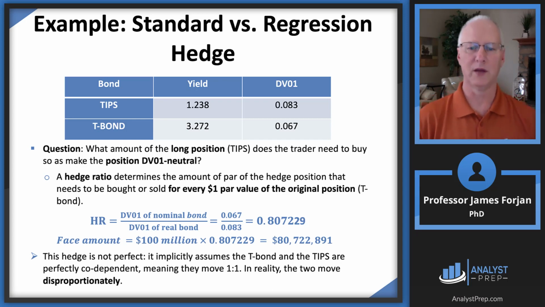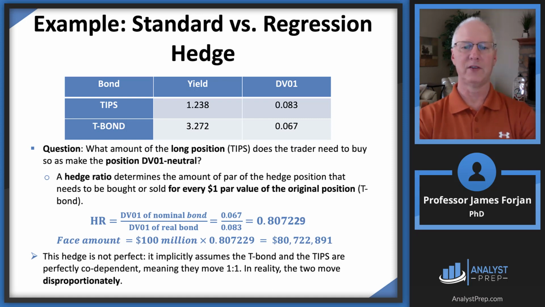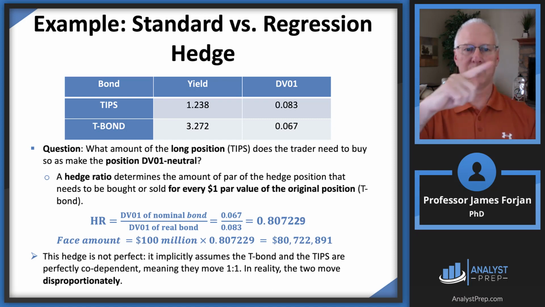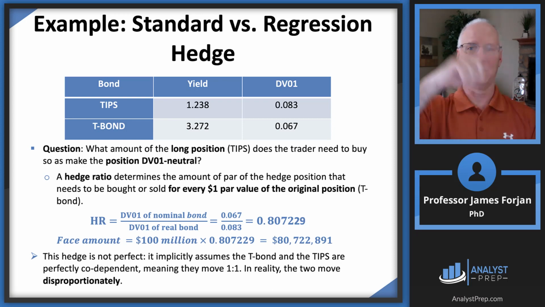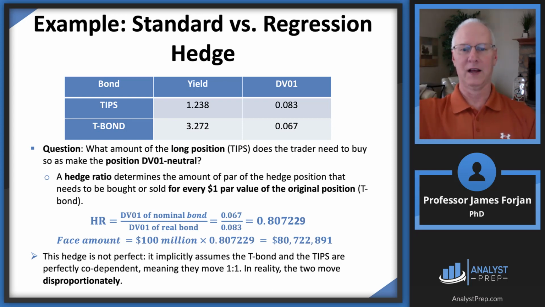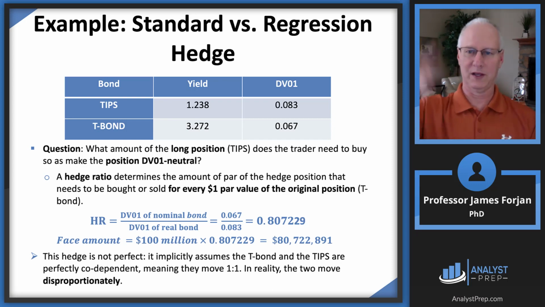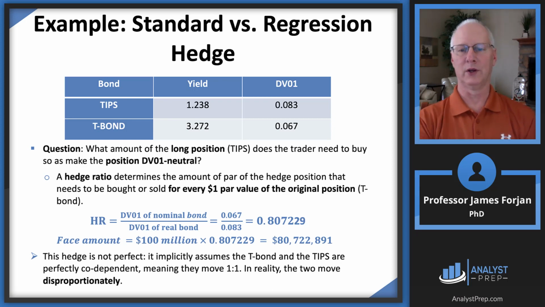So that makes sense: if the face amount of those treasuries was 100 million, and those treasuries move 67, but the TIPS move 83, we're not going to need as many TIPS to hedge the 67s. So we're really only going to need 80%.